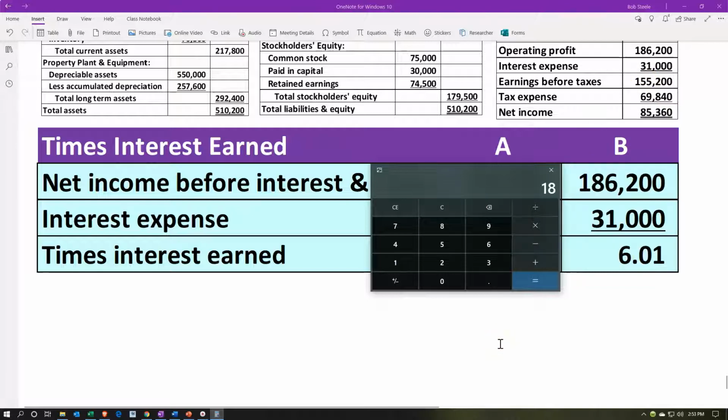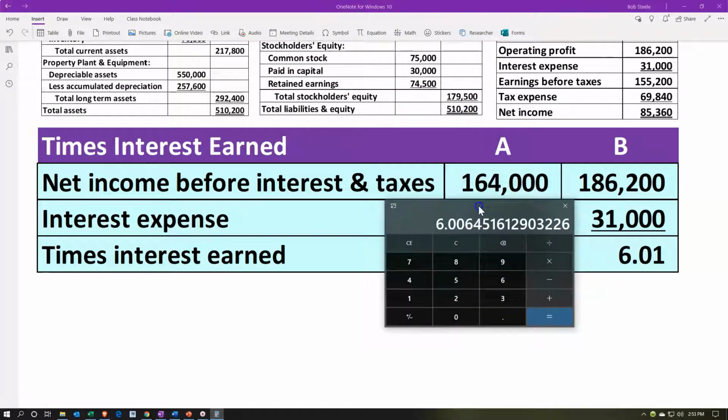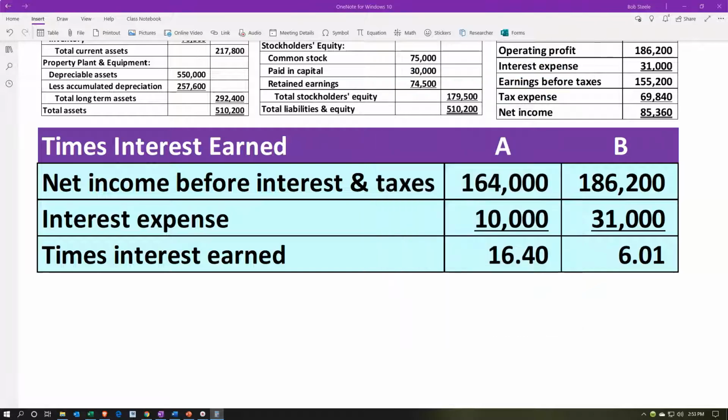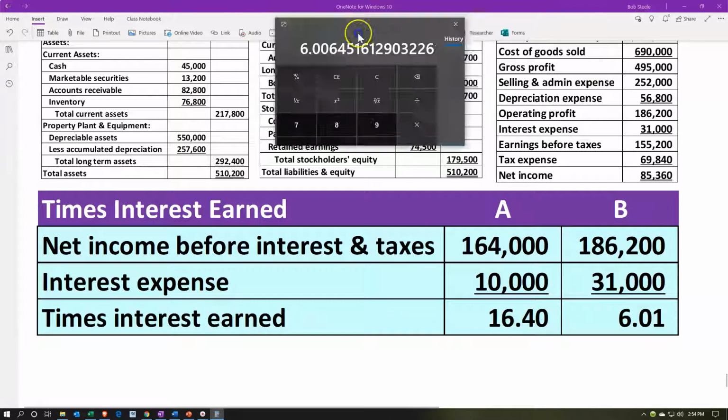So that's 186,200 divided by 31,000. That means we can pay the interest about 6.01 times, not percent, 6.01 times. So you would want this number to be higher. The higher the better, in terms of a bank loaning you more money, they would be more secure. So A would look better with regards to that.